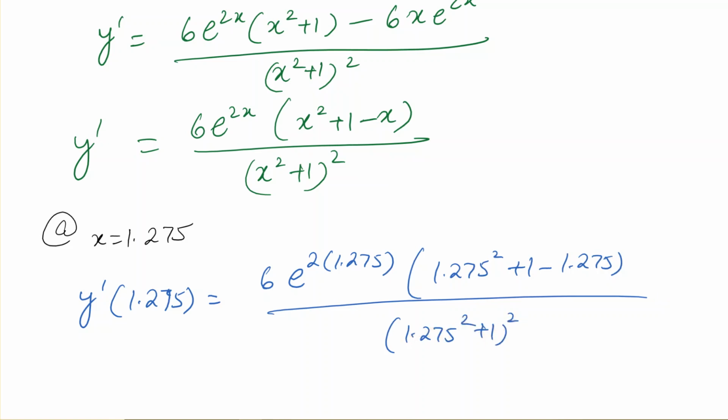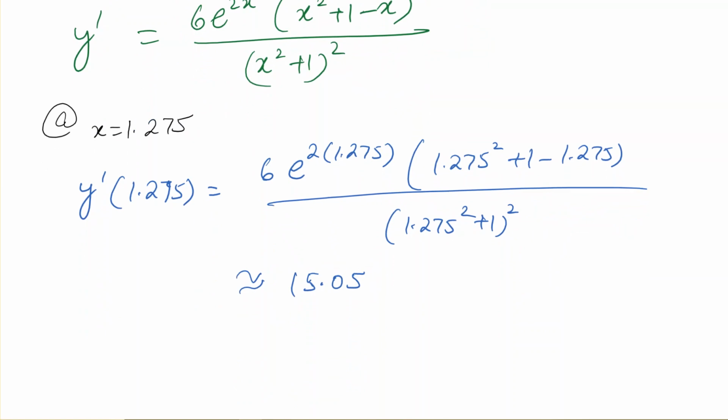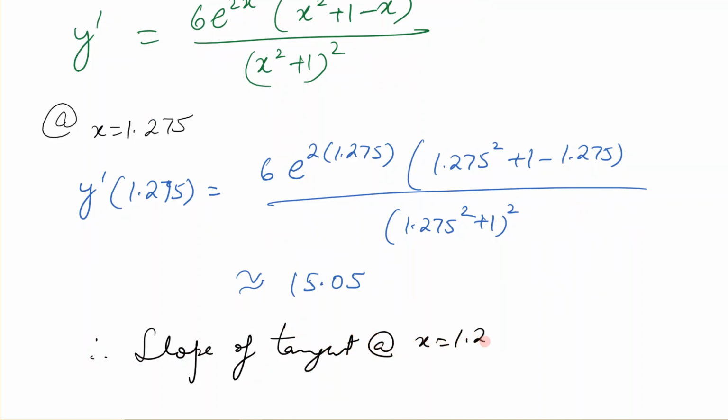When you solve it using the calculator, we get approximately 15.05. So therefore the slope of tangent at x equals 1.275 is 15.05, and this is what we were looking for.